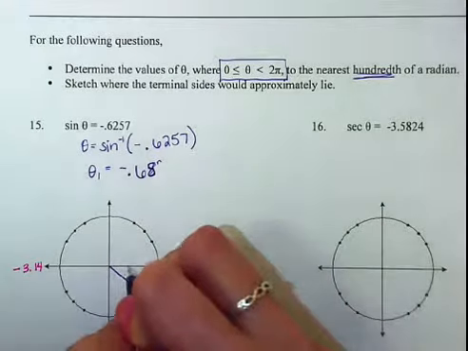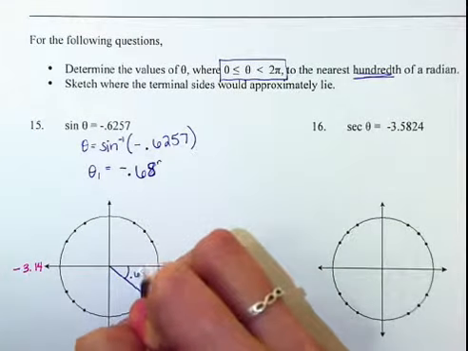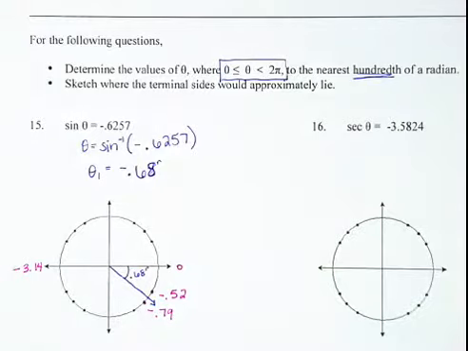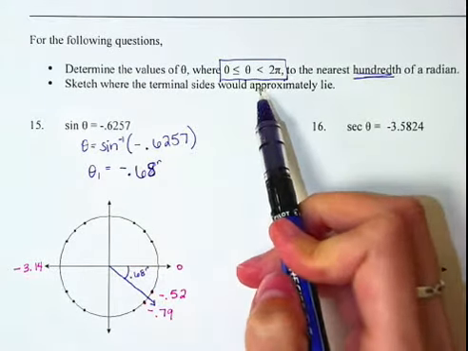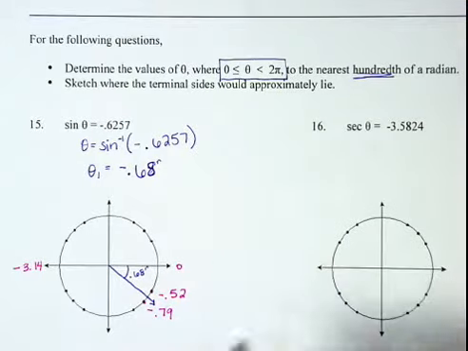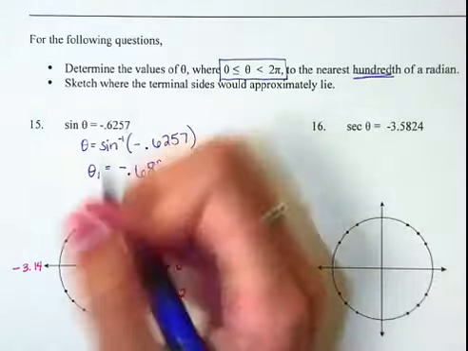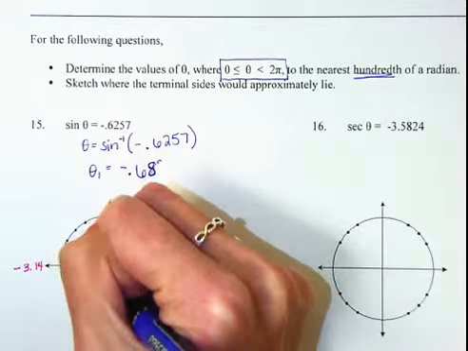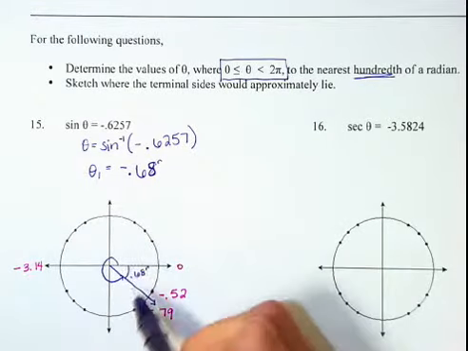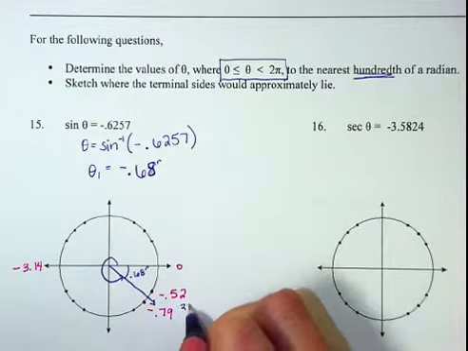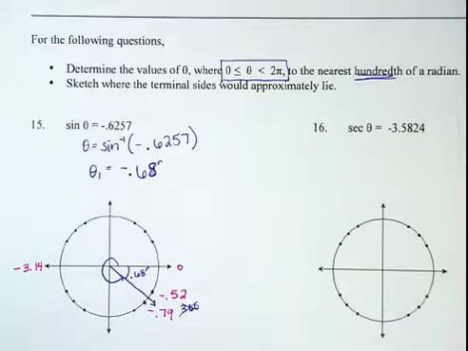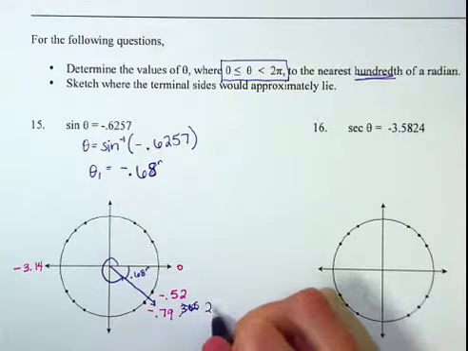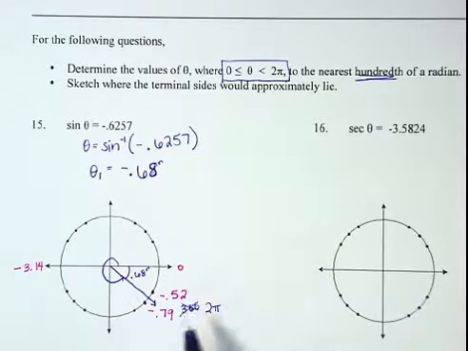I know that this distance is 0.68 radians. However, if you look at the instructions, it says it has to be positive between 0 and 2 pi. So I need to figure out all the way around. If I went to the closest x-axis, I would be at 360 degrees. But we're not in degrees, we're in radians, so 2 pi. I would be at 2 pi.